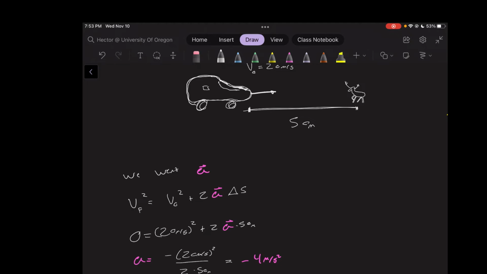Using the v final squared kinematic equation, because it doesn't require a time, we can plug in known values: initial velocity, final velocity, which will be 0 because the car comes to a stop, and delta s, which is 0 to 50. Solving for a, we get negative 4 meters a second squared.